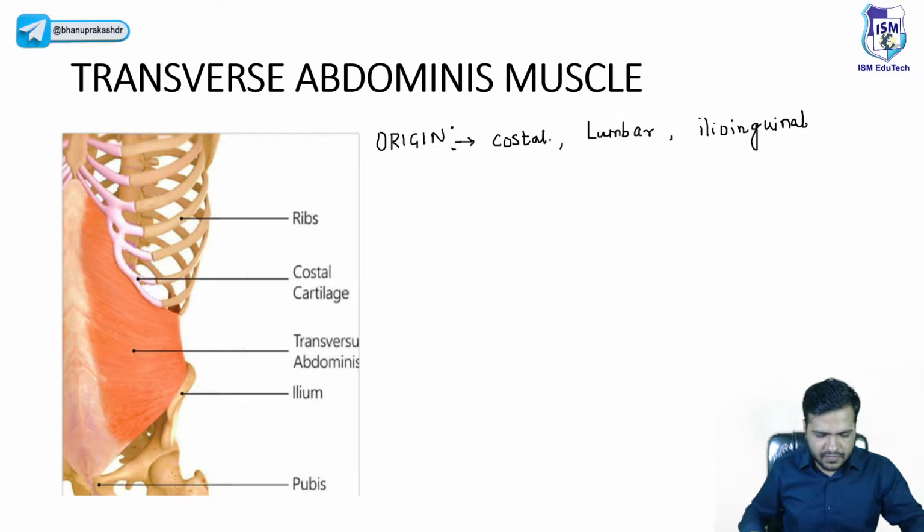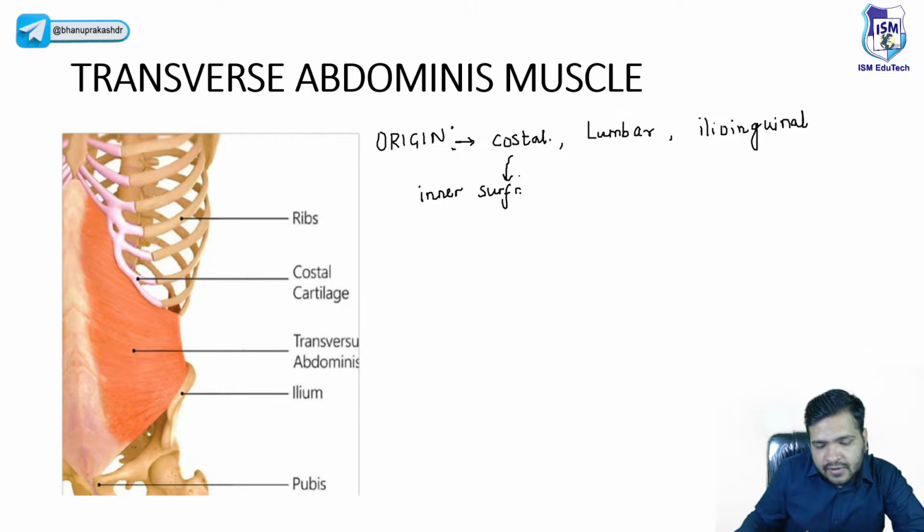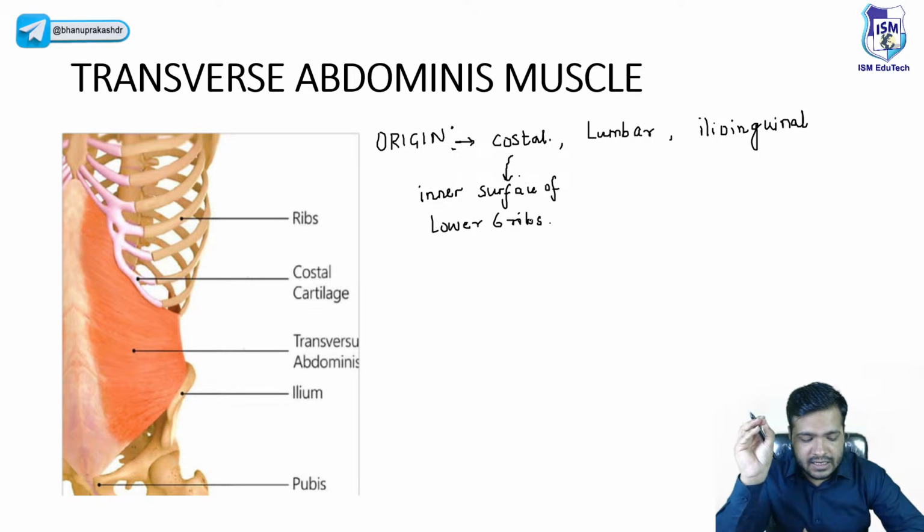Okay, let's go. Now the costal origin, basically, yes, Kapil, good evening. The costal origin is from the inner surface of the lower six ribs. They interdigitate with the diaphragm.